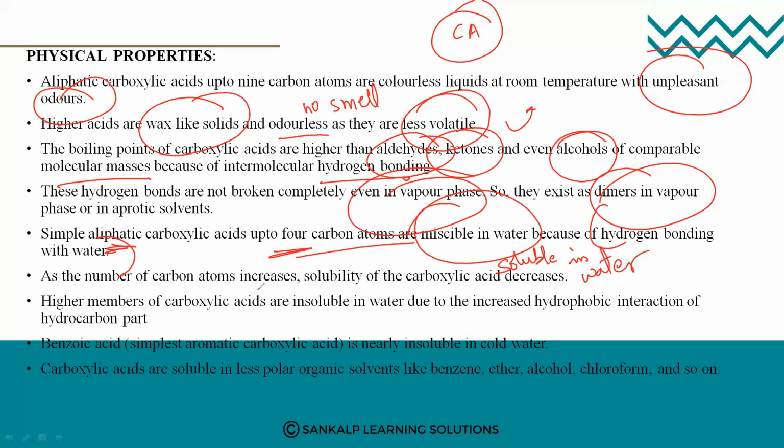As the number of carbon atoms increases, what will happen to solubility? Solubility of carboxylic acids will decrease. Only up to 4 carbons can they be easily soluble, because of hydrogen bonding.